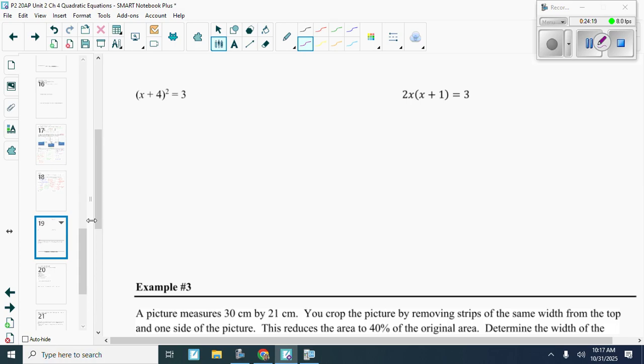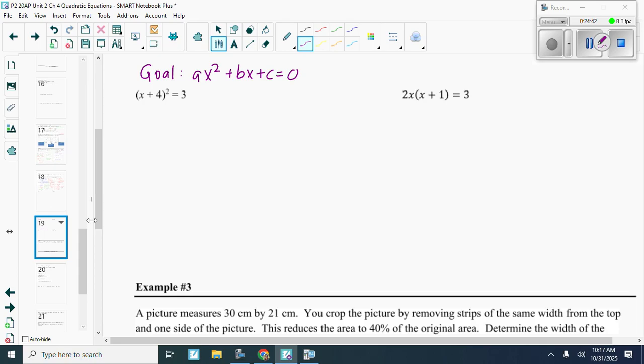One thing you can remember is that your goal is to get it in this form. If you want to use the quadratic formula, you have to have it in standard form where it equals 0. So we're going to have to expand this first.